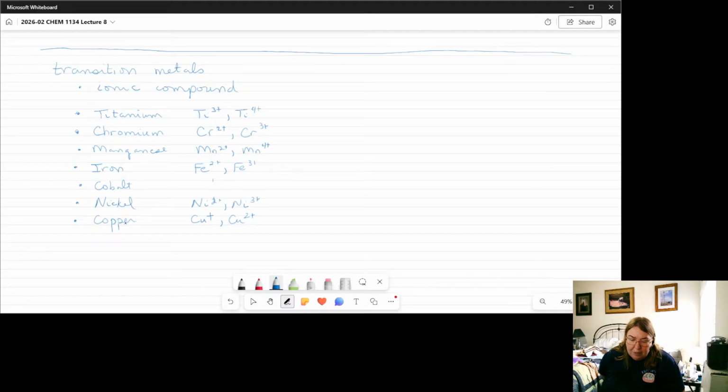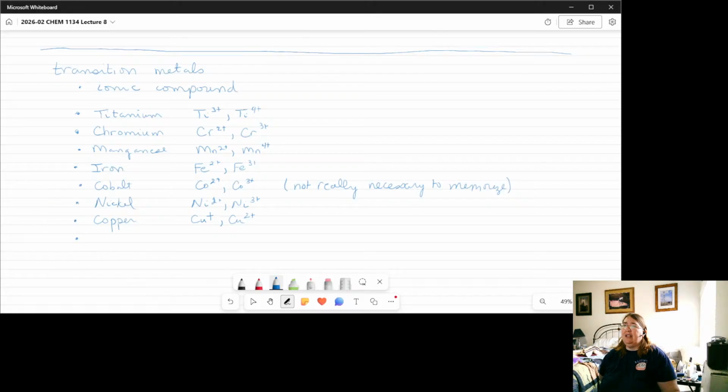Cobalt's +2, +3. The truth is, on cobalt, I wouldn't expect you to memorize it at this stage. It's very uncommon in a lab.